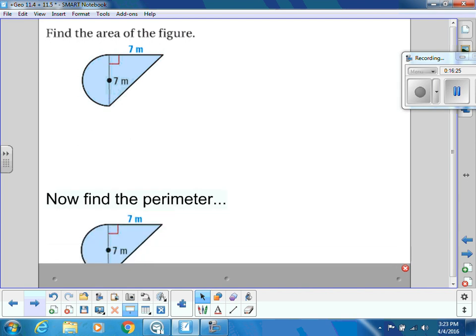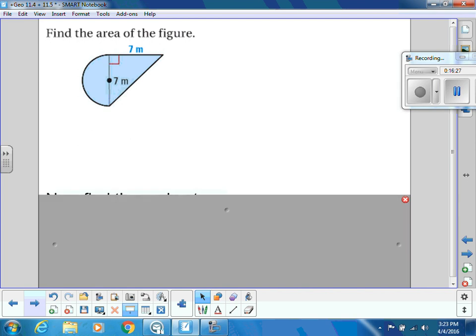Okay, let's do this last one. So the area of this one, we've got area of a semicircle plus the area of the triangle.